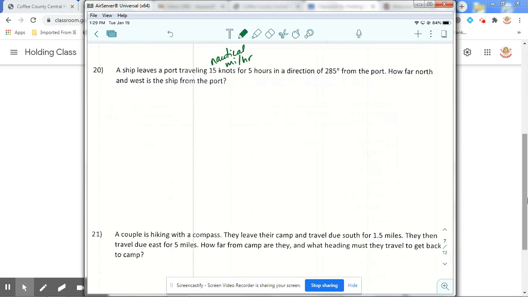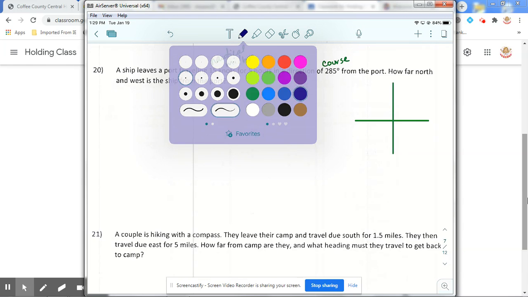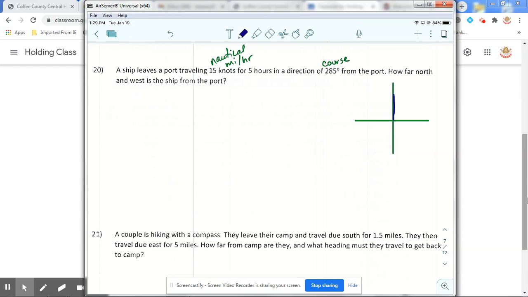All right. And then we need to understand what this 285 is. So that is a course or a heading. All right. And then don't forget that courses or headings are like a clock. So what we'll do is we'll start at 12 o'clock and we're going to rotate 285 degrees in a clockwise direction.